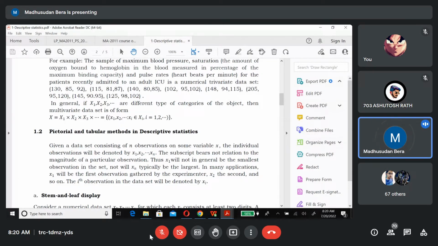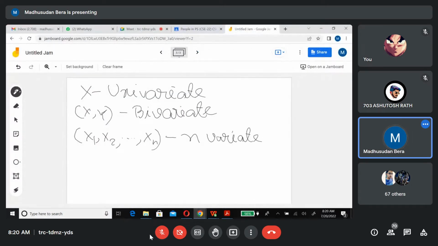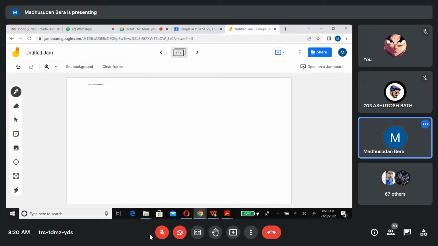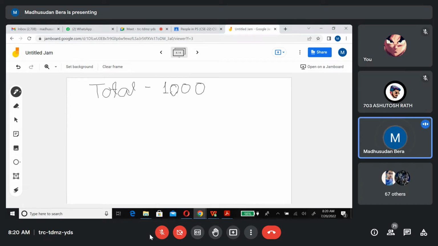Suppose we want to find the average height. Say there are a total of 1,000 students, and their heights range from 5 to 6 foot.